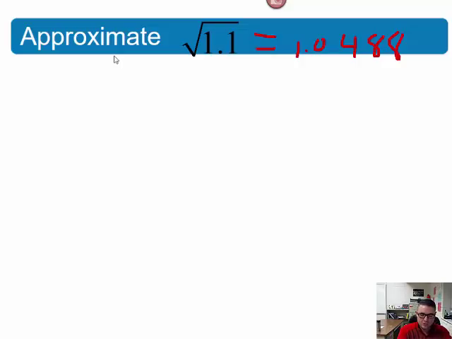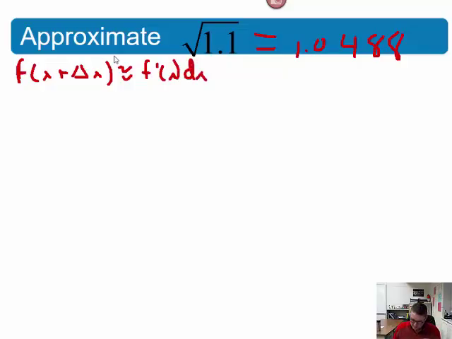Make sure we write this down again. We know f of x plus delta x is approximately equal to f prime of x dx plus f of x. We're going to work with that.